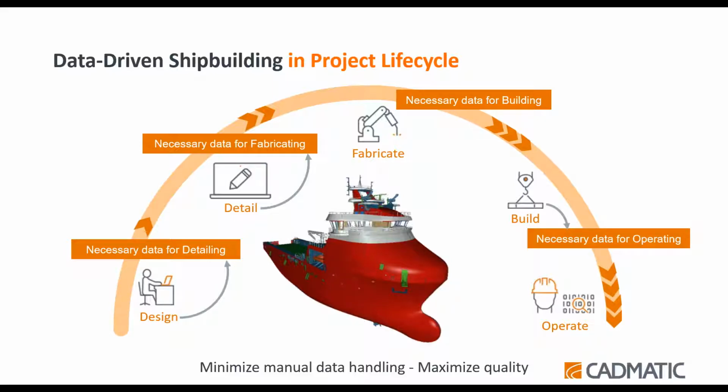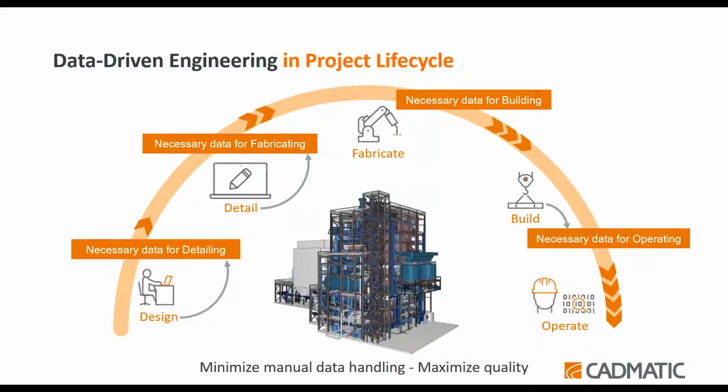So it doesn't matter if you're in the design, detailed design phases, fabrication, build, or operation parts, you have a need for information, and the sooner you get the information, the quicker you do your work. Of course, the same thing applies in the plant industry. Today we will be focusing the demonstration on the marine part, but it of course works the same in the information management part for the plant industry.